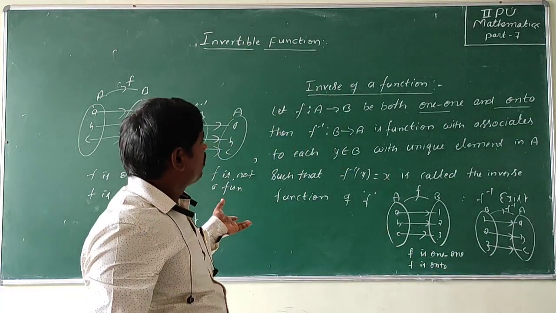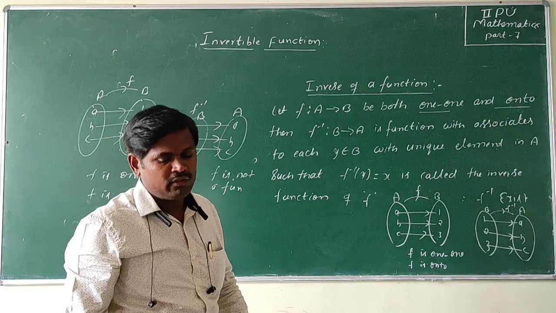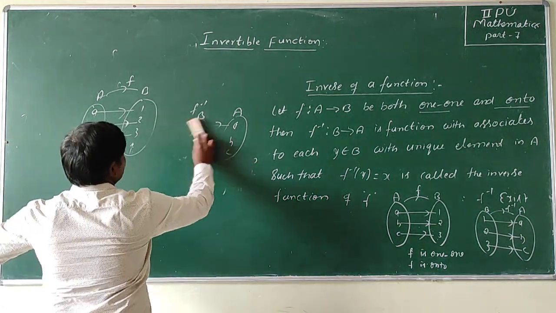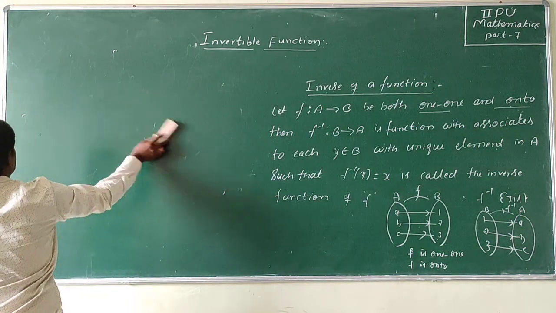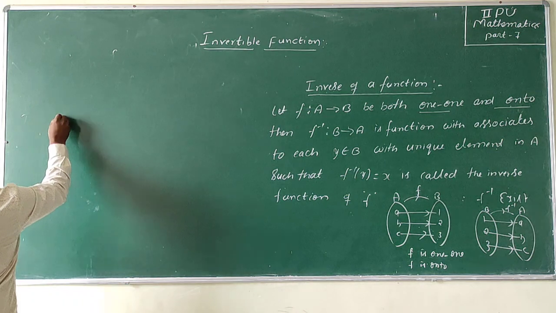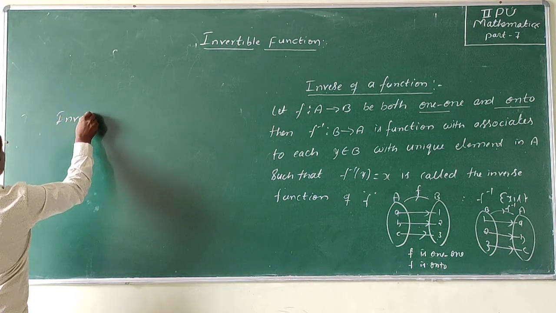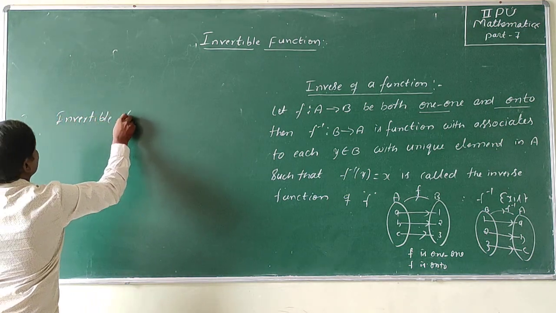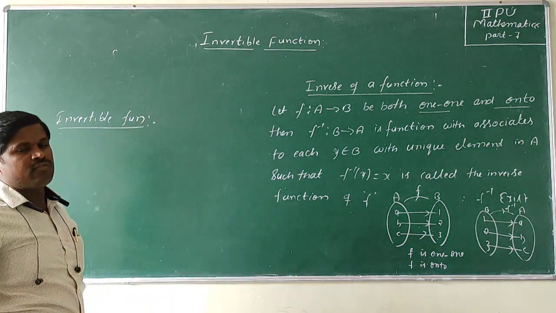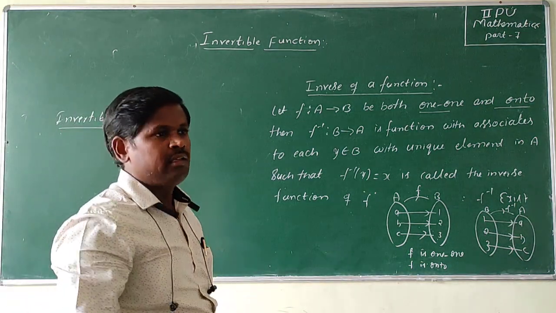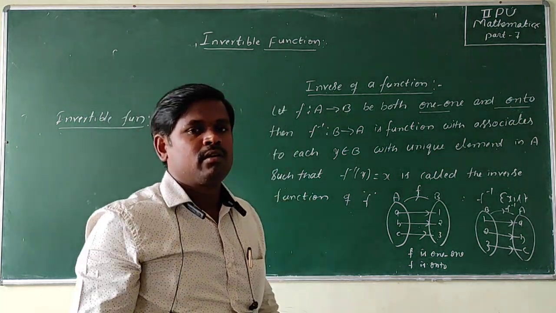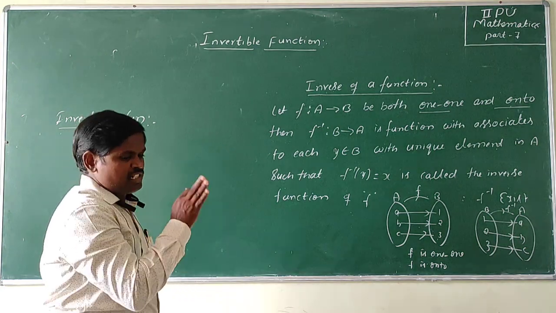Now come to the invertible function. A function f mapping from A to B is said to be invertible if the inverse of the function exists.